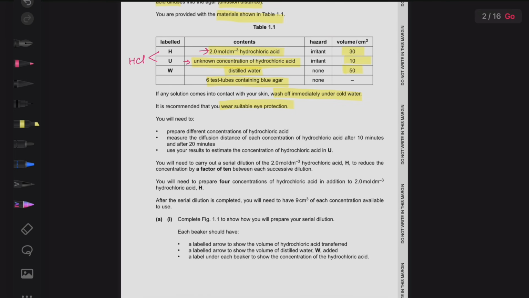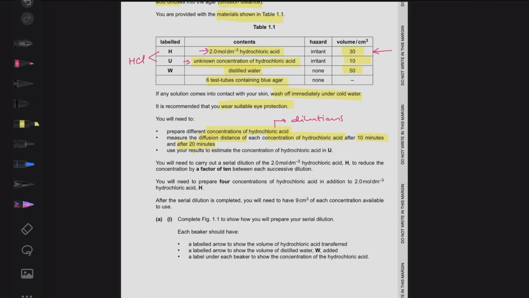So what we're going to be doing is preparing different concentrations of hydrochloric acid. I'm assuming, based off of this standard solution, we will be producing dilutions through a dilution series to produce different concentrations. Then it says we're going to measure the diffusion distance of each concentration of hydrochloric acid after 1, 10 minutes, and then 2, 20 minutes.